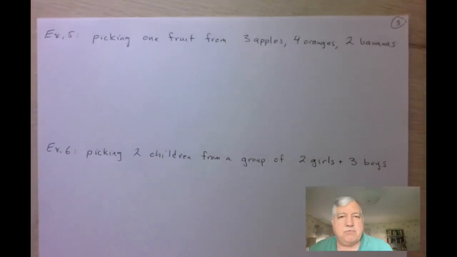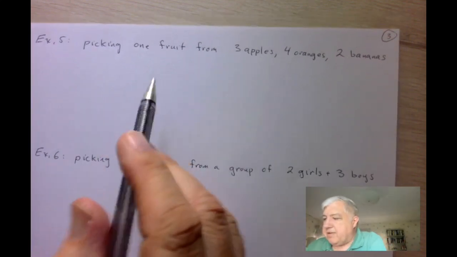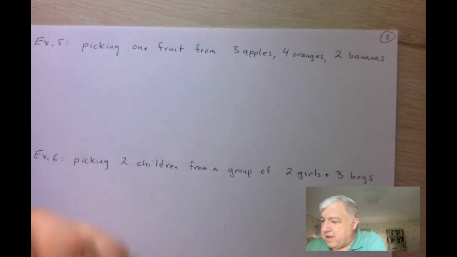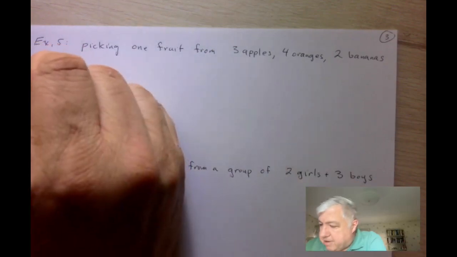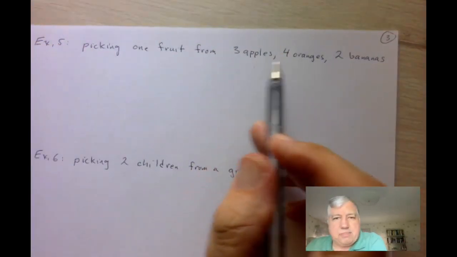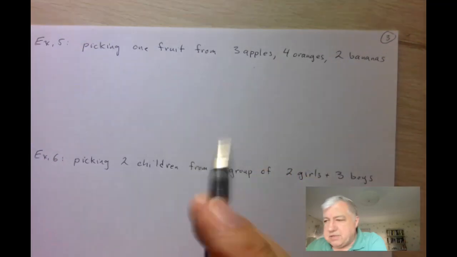For example 5, if we're picking one fruit from a bunch of fruits where we have 3 apples, 4 oranges, and 2 bananas. Okay, so what will the possibilities of the fruits look like? The one fruit we pick, well, it could be an apple. We're going to assume that all these apples are distinct and the oranges and bananas are all distinct.